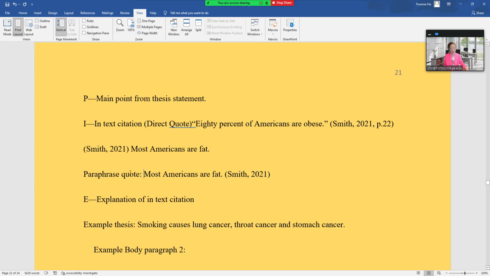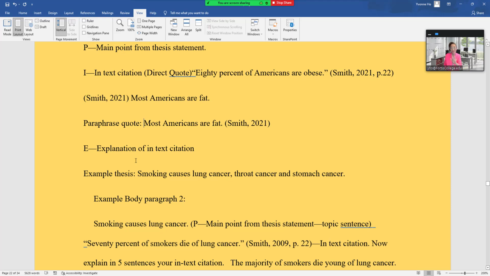Then, in the next part, you write 5 sentences about how most Americans are so obese. For example, in 1965, the coffins were so small, and now they have to make bigger coffins in order to accommodate all that weight. Ambulances have to be made bigger to accommodate more weight.